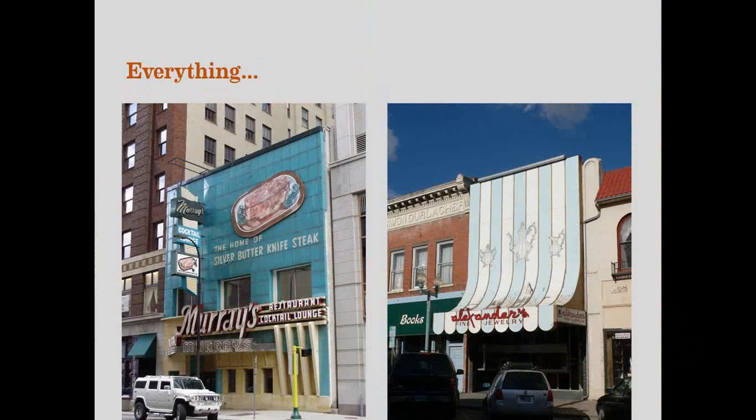And other buildings and signs, I should say, just defy description, and it's just a bit of everything. If we look at Murray's Restaurant Cocktail Lounge in Minneapolis, Minnesota, each set of signs is critical to our reading of this building, even though the butter knife steak is rather unappetizing, and it's also as big as that Hummer in front of the building.